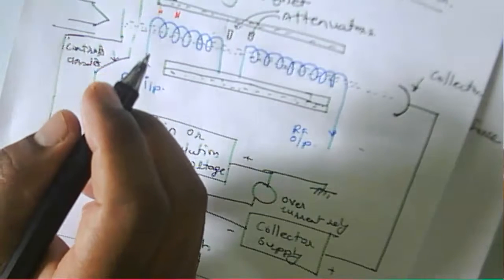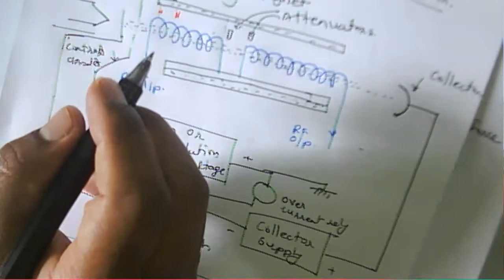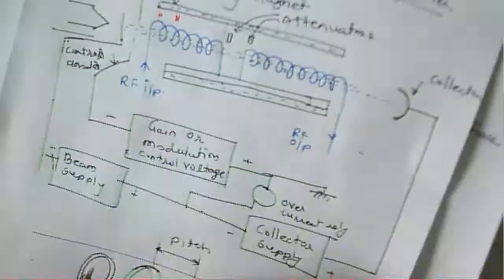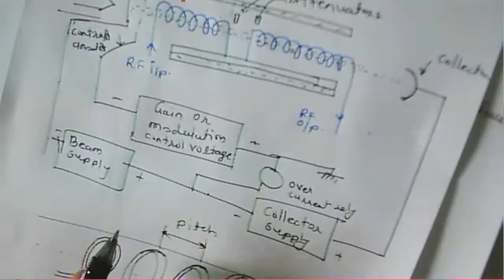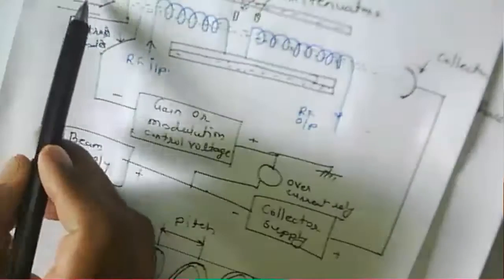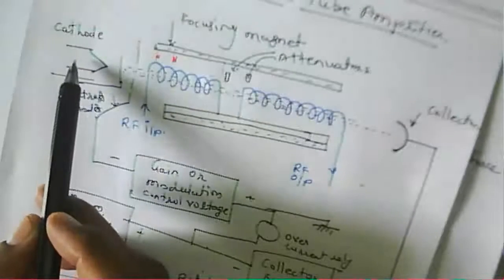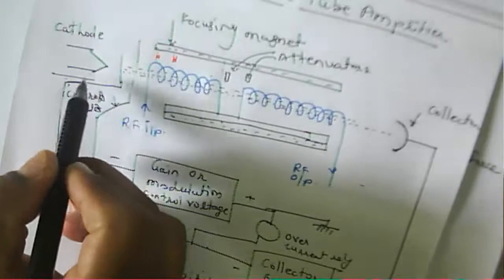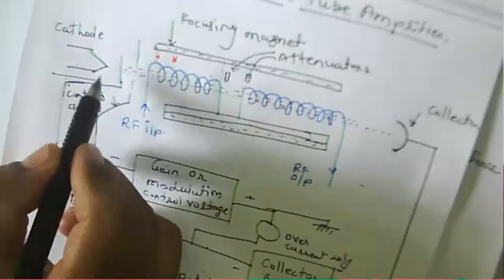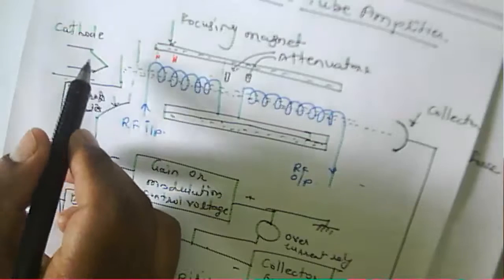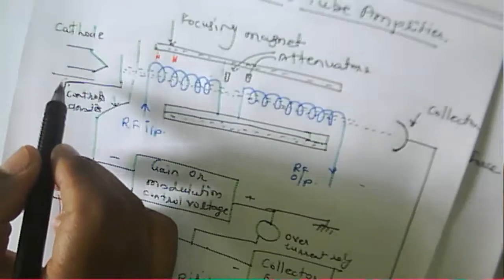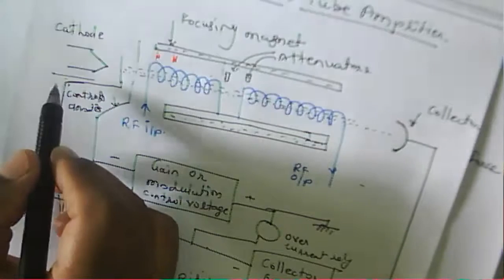Now we consider what happens to this particular field while accelerating. Generally, we provide the beam supply to the cathode. That gives the velocity of the electron, or we can say the DC velocity of the electron.